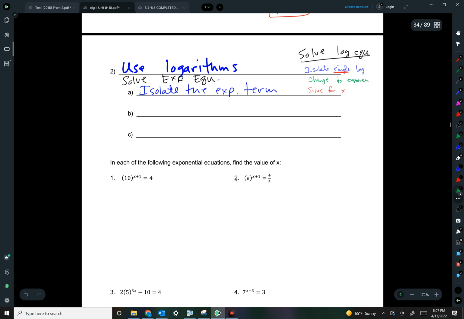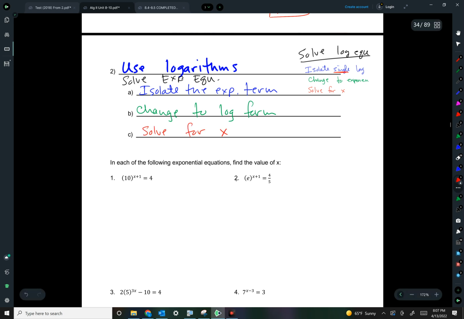Last time, once we had the log by itself, we said to change to exponential form. Well, now, once we have the exponential term by itself, we're going to change to log form. And then last time, after we had it in exponential form, we said solve for x. Well, now, after we have it in log form, we're going to solve for x.